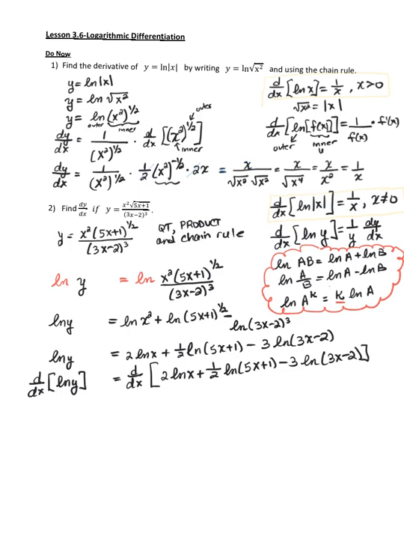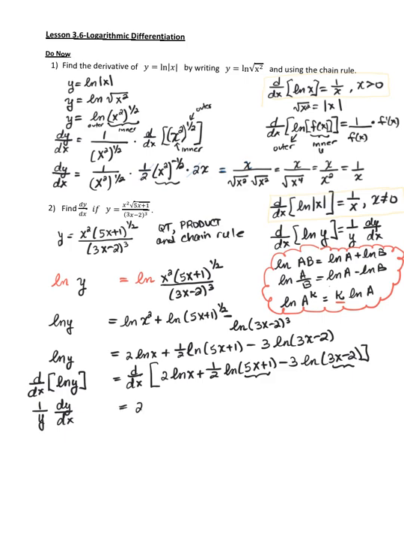Okay, so the derivative of the natural log of y, as we said before, is 1 over y dy dx, implicit differentiation. And here on the right side, we're taking the derivative of the sum or difference, and we have inner functions here, so we're going to use the derivative of the natural log of a function.